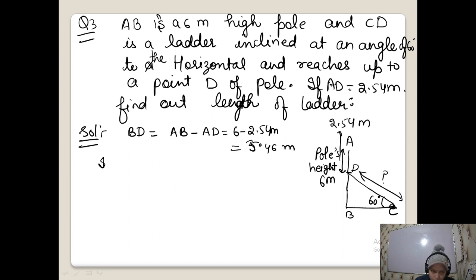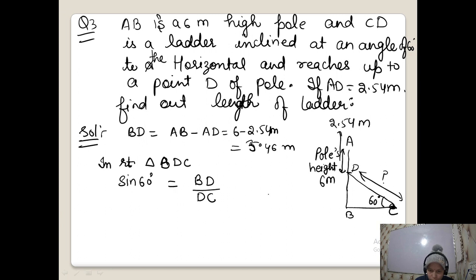Now in right angle triangle BDC, we will use the sin formula. Sin 60 degree is equal to BD over DC.